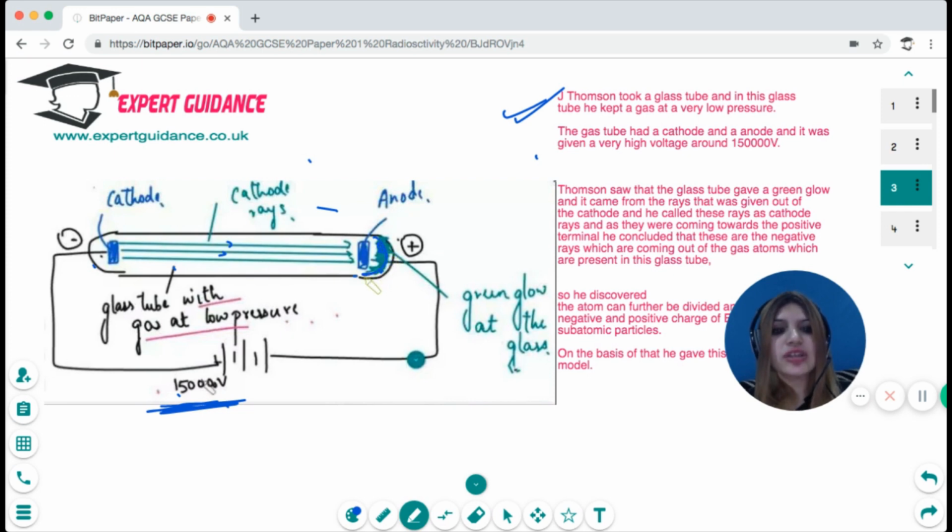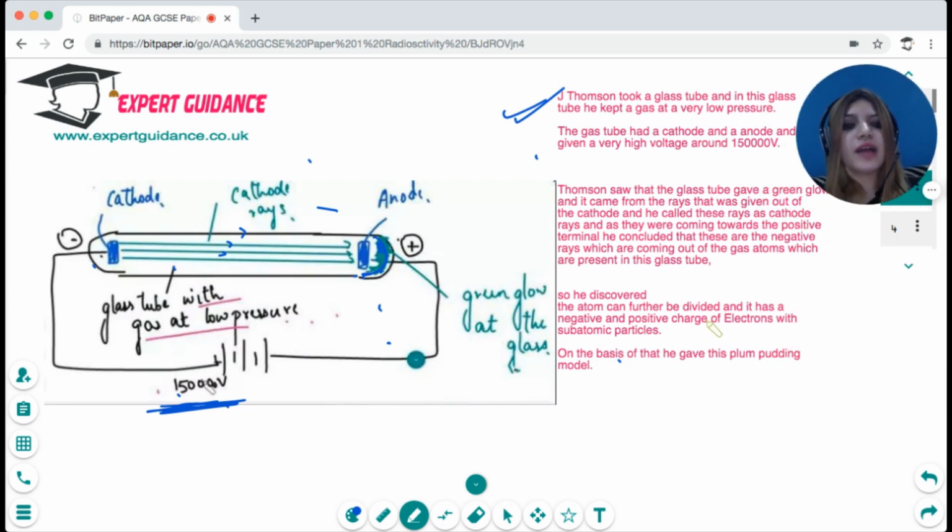So he came to the conclusion that there are rays coming out of the cathode. He called them cathode rays, and since they were going towards the positive, he concluded that they are negatively charged. He found that the atoms were actually giving off these rays, and the nature of them was electrons. So he discovered that there are negative and positive charged elements present inside the atom.